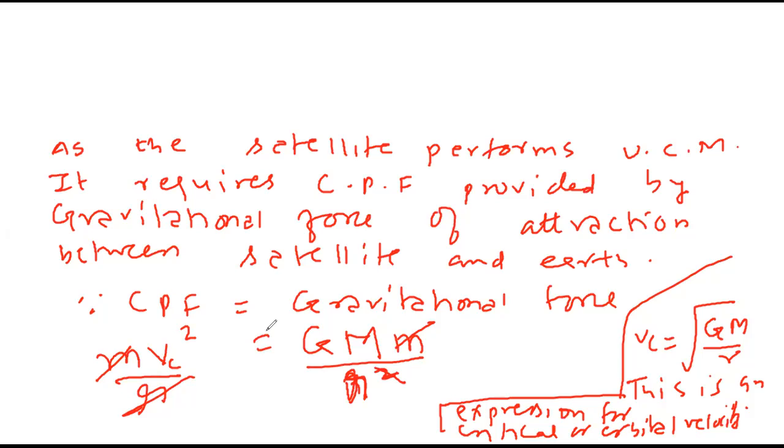Which satellite's speed will be more, lighter or heavier? Can you see in the formula there is no mass of the satellite? Very important. It does not depend on weight. So write below: it is independent of mass of the orbiting satellite.